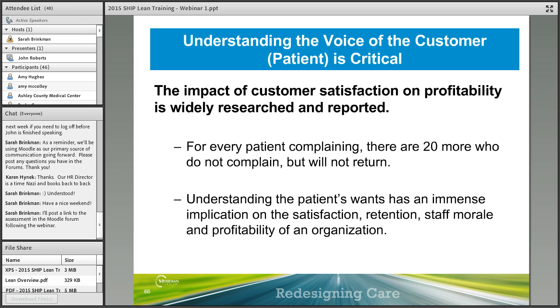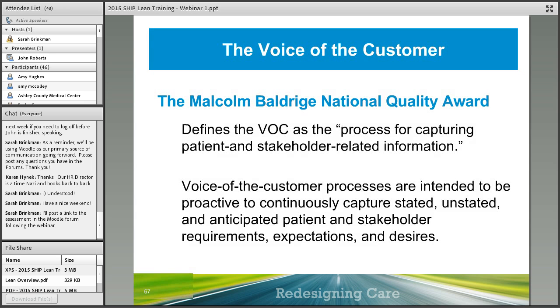And so again, this voice of the customer, the patient, is critical. We know for every patient that complains, there's 20 more that won't complain, but they won't come back to your facility. And again, we want to understand the patient's needs and desires and what they value because we know it has a huge impact on our organizations.